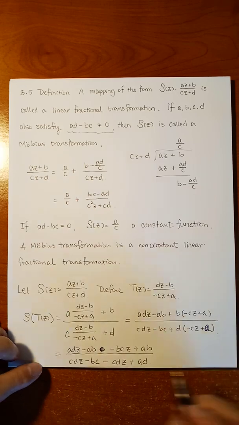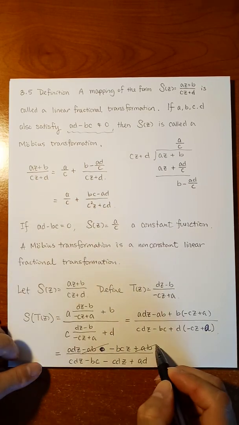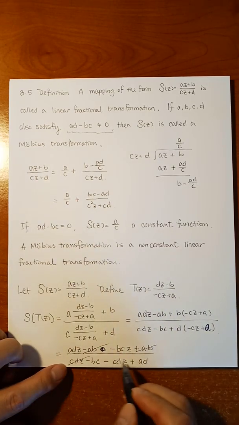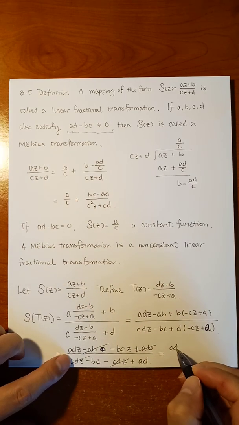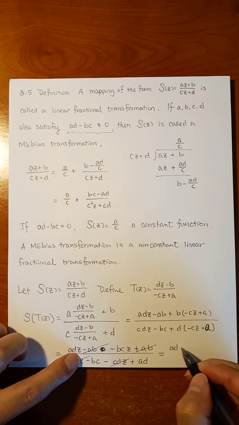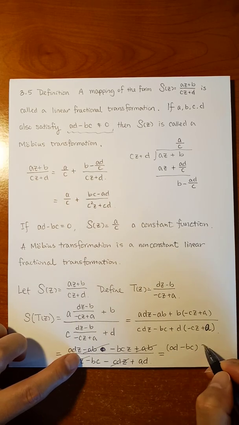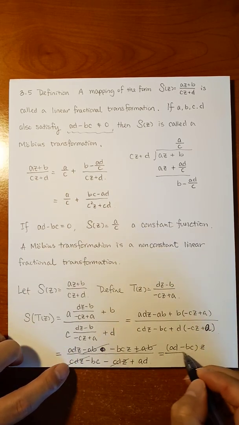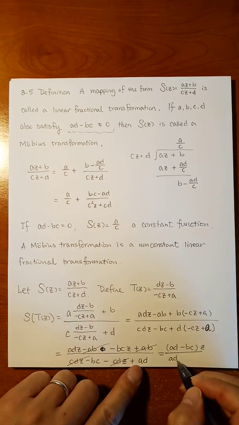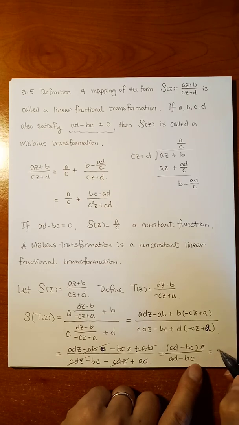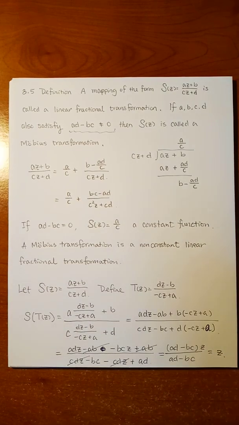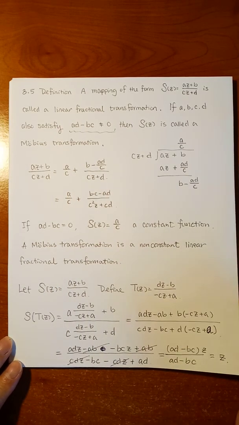So the cdz terms cancel, and the numerator becomes adz minus bcz, that is (ad minus bc) z. Remember, we assume ad minus bc is not 0, so it cancels with the denominator, and you get z. Okay, very good. So we get not a constant but the identity function z.